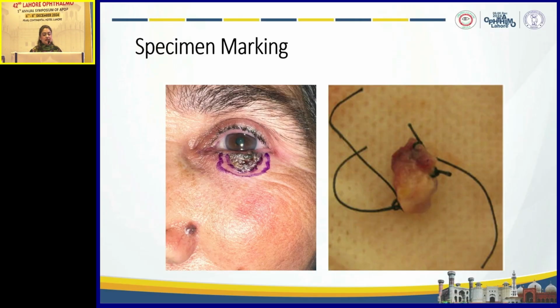First of all is specimen marking. For specimen marking, suture is used. It is best to apply sutures before excising the lesion. For example, in this lesion, we can use the lid margin as a landmark, and we can mark the medial, lateral, and inferior margins with sutures.